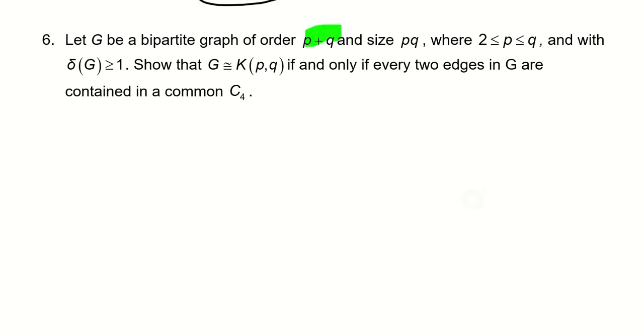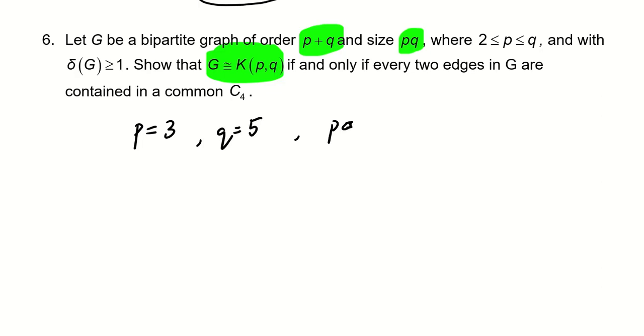If G is a bipartite graph of order P plus Q and size PQ, it doesn't mean that G has to be equal to K_{P,Q}. Let me give you an example. Let's say P equals 3 and Q equals 5. So PQ equals 15.